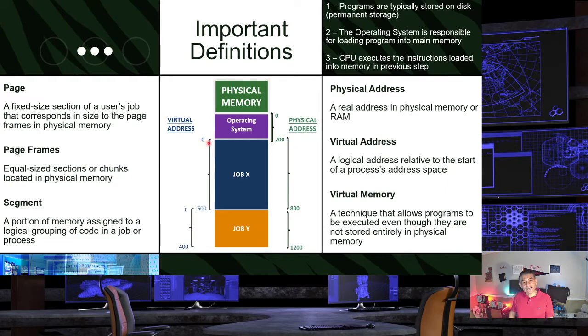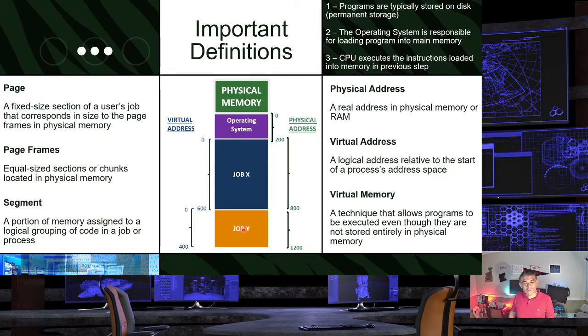We can see that for job X, the starting virtual address is 0, even though the physical address is 200. The ending virtual address for job X is 600, while the actual physical address is 800. The 600 is the difference between 800 and 200, which is the size of job X.